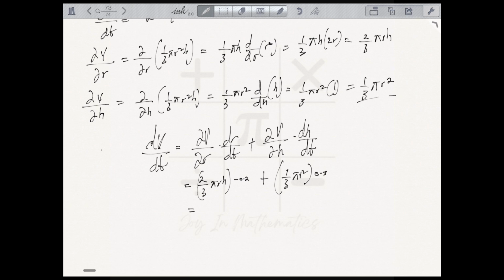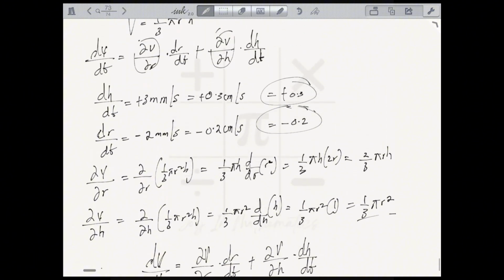Simplifying this, we have minus 0.4 divided by 3 of pi r h plus 0.1 pi r squared. And this is an expression for dV/dt.